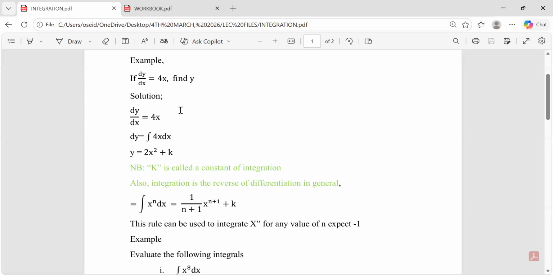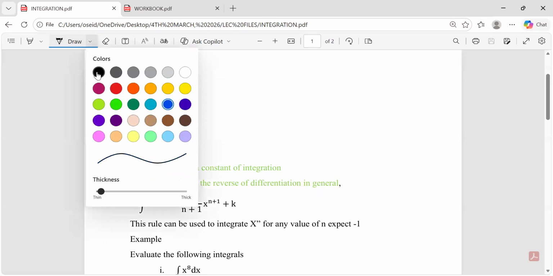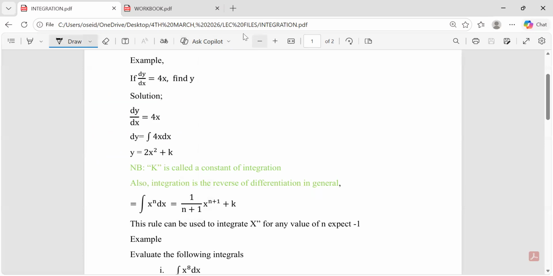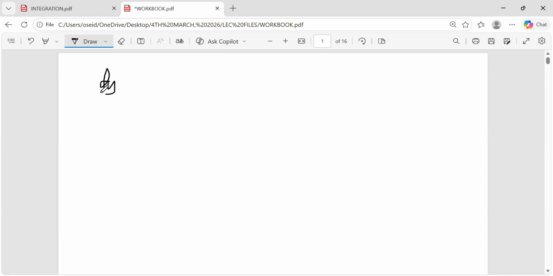Let's say, for example, that we have dy over dx equals 4x.